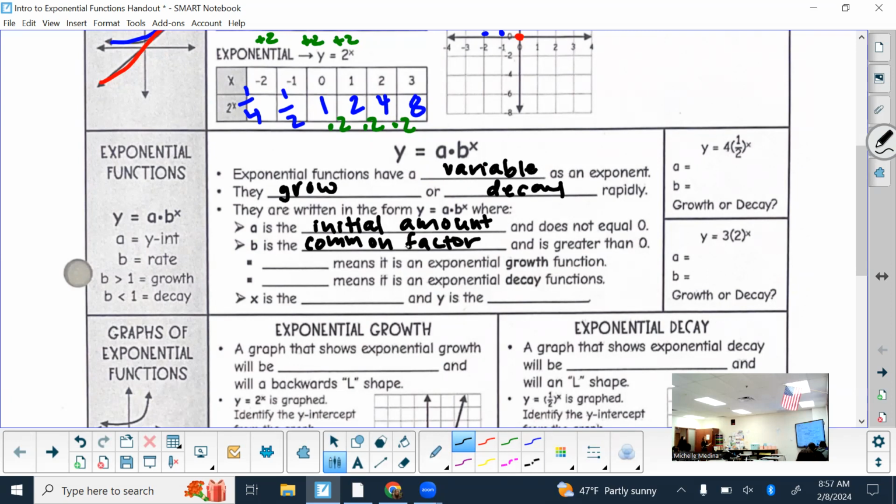So if b is greater than 1, that's what goes here. And I think that's what it's showing you over here too. But if b is greater than 1, that means it's an exponential growth function. If b is less than 1, that means it's an exponential decay function. So you should be able to see an equation and tell me, oh, since we're multiplying by a number bigger than 1, it's going to grow as time goes on.